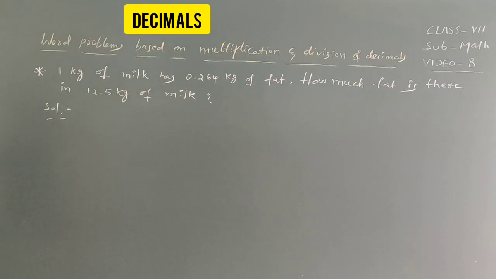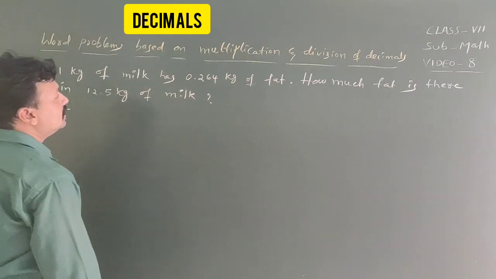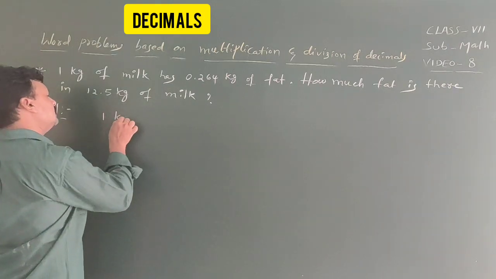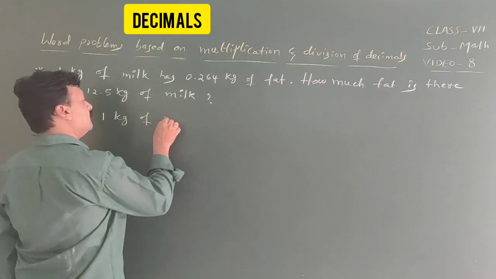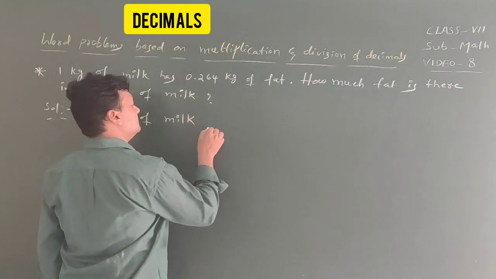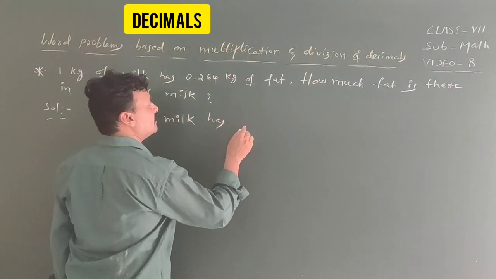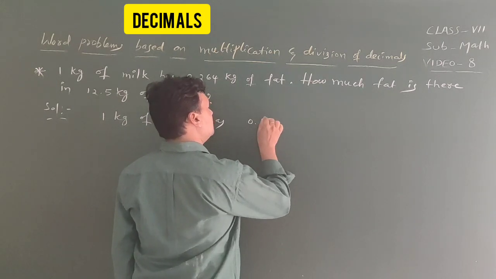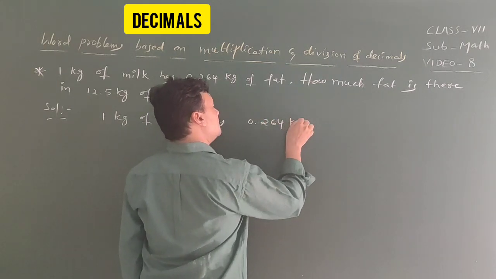Let's take it: more milk, so here also multiplication. 1 kg of milk has 0.264 kg of fat.